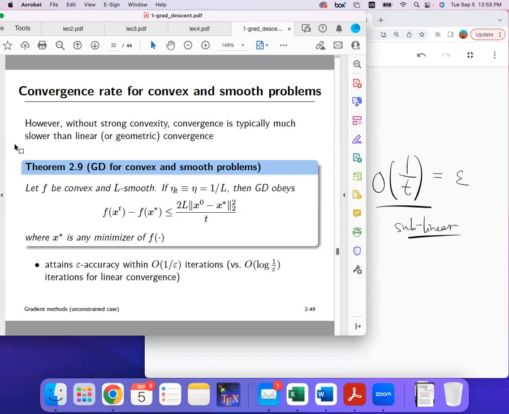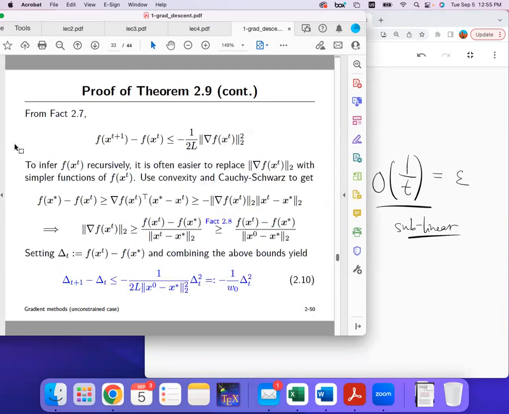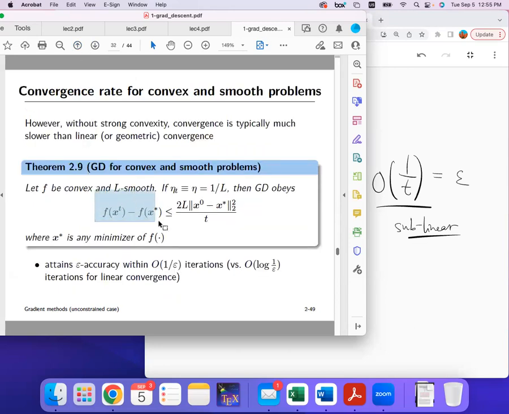Next, let's prove this result by utilizing the previous two results. The proof is a bit involved, so let's go over these steps one by one. We have shown in the first result that the function value is decreasing along the iterations. The big picture is that we want to get a bound on the function value, because this is what we want to control.